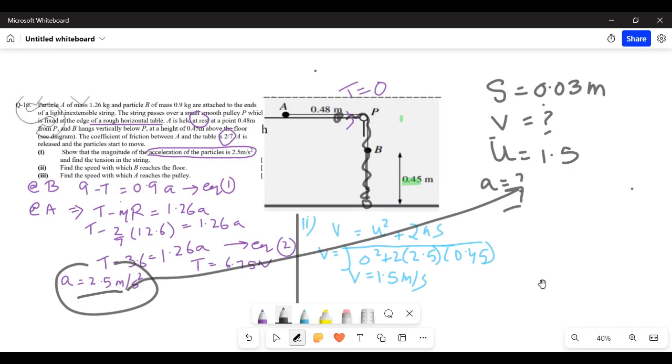Now we're talking about, no, not at point P, at the new position of A. Let me call that A dash. So at A dash, there's a forward force, which is T, which is actually 0 because the string has slacked, minus the backward force, friction, mu R, is equal to ma.